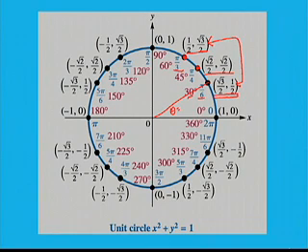Remember that 60 degrees and 30 degrees are complementary, and that they appear in the same right triangle. And notice that the x and y values have simply been interchanged here. So they have the same actual numerical values, but the x and y's have been interchanged.